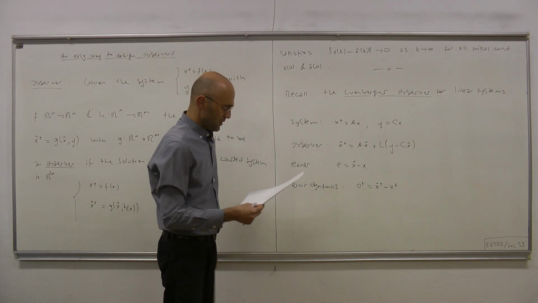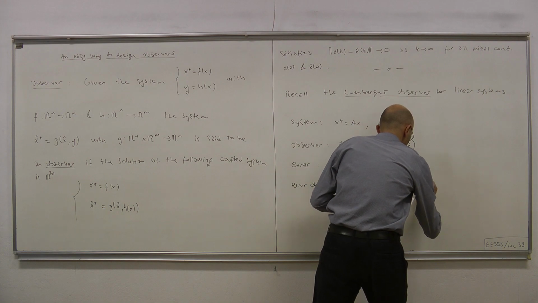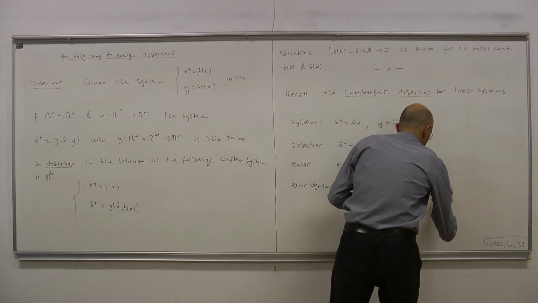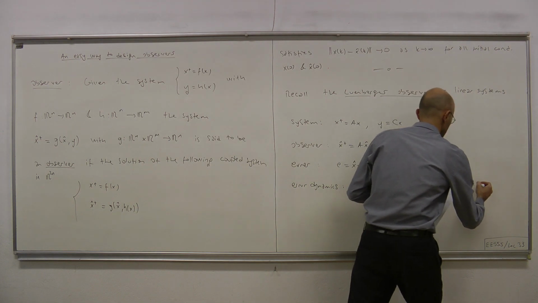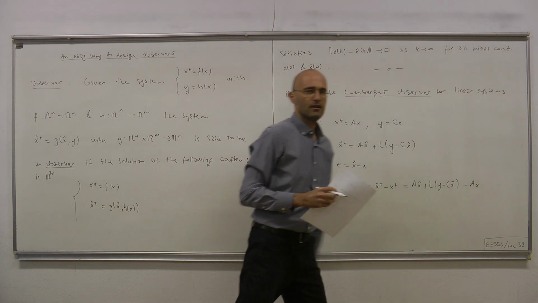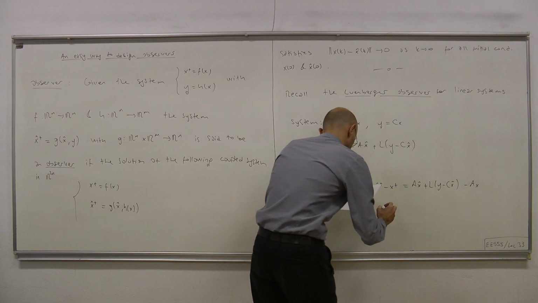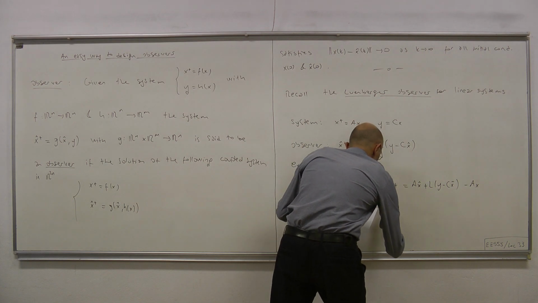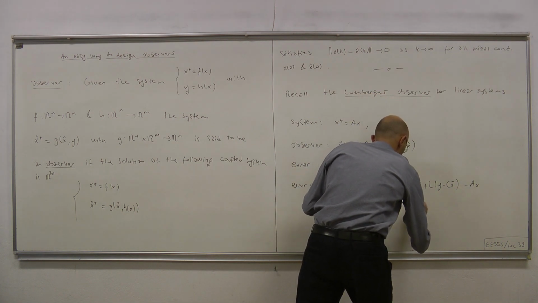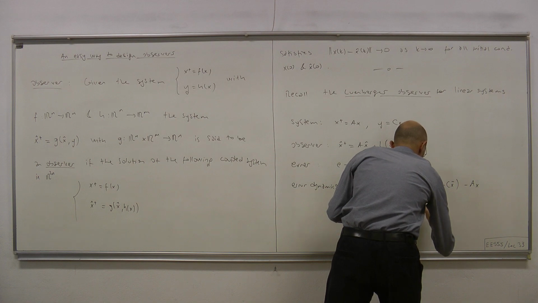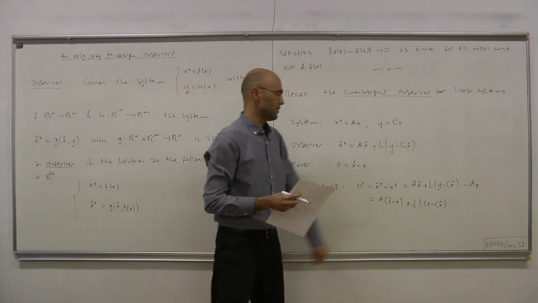So the error dynamics are this, equals A x hat plus L times y minus C x hat. Then we have x plus, which is Ax. Okay. Then we can write that as A times x hat minus x plus L times Cx minus C x hat, because y equals Cx.